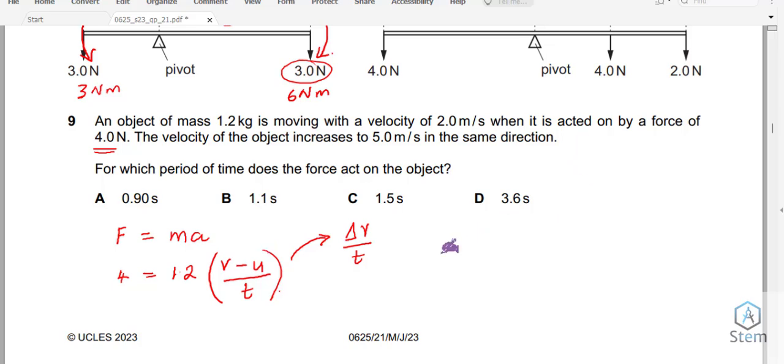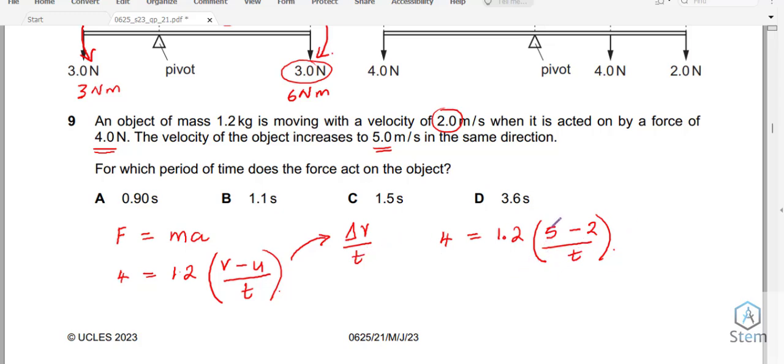So now we have 4 equal to 1.2 bracket, final velocity is 5, initial velocity is 2, then the time is what we are looking for.